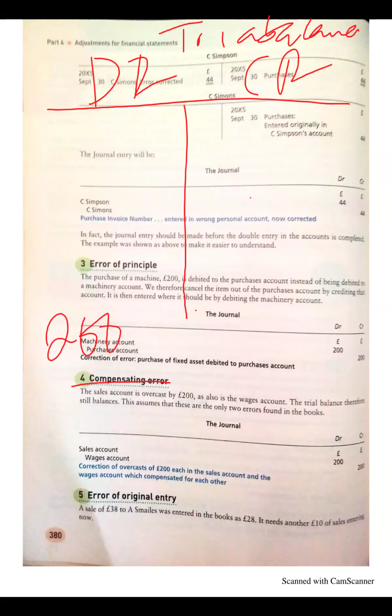To be overcast simply means it's more than it is required to be by 200. To be undercast means it's less by 200 than it is actually supposed to be.